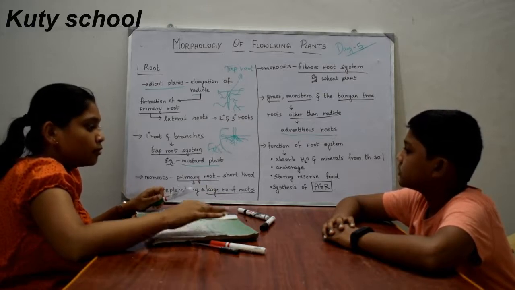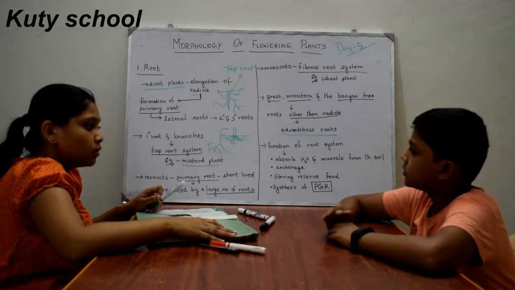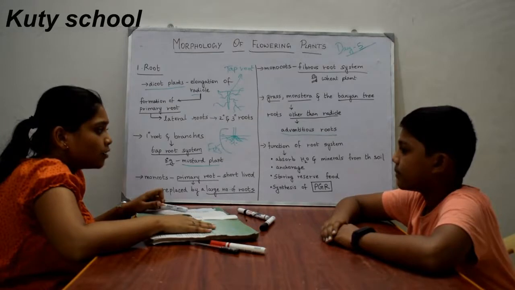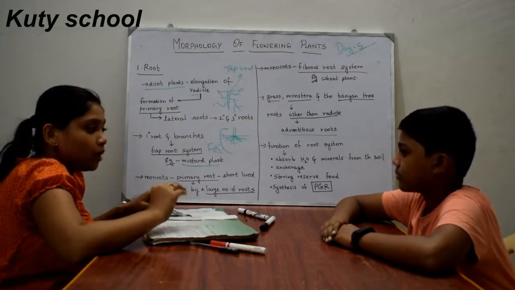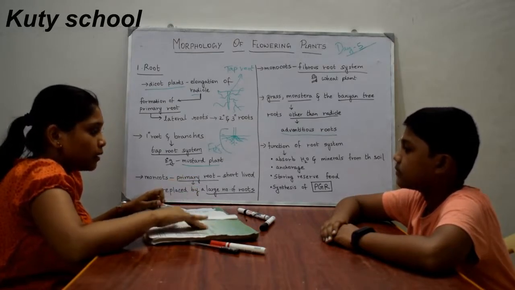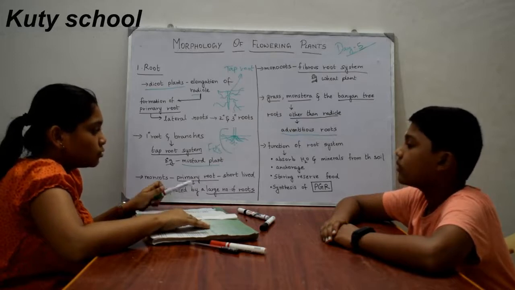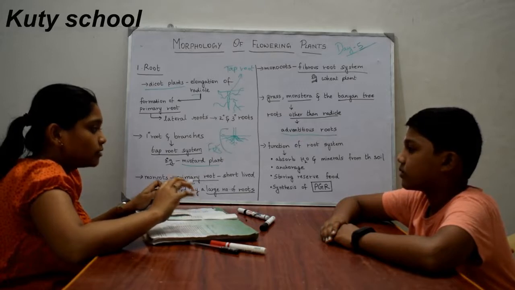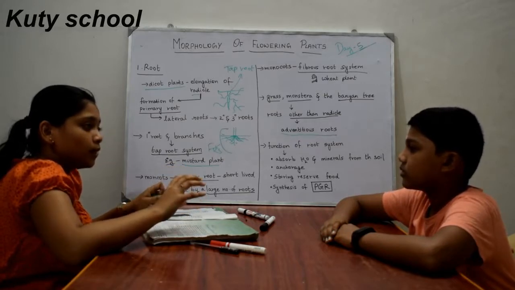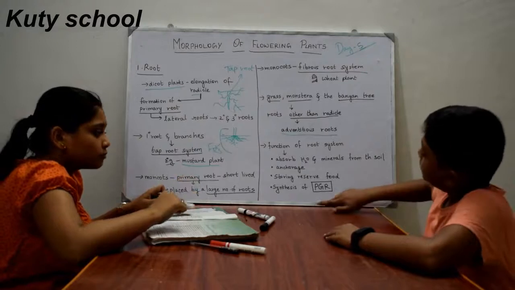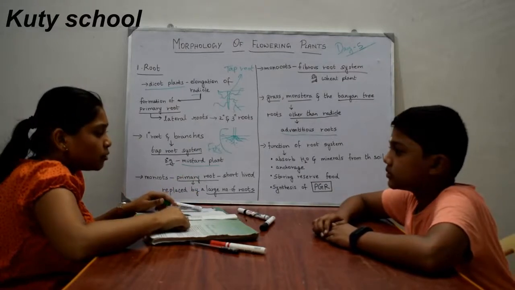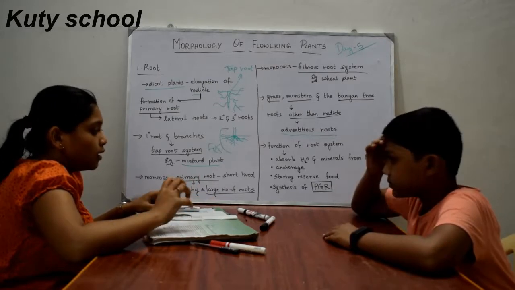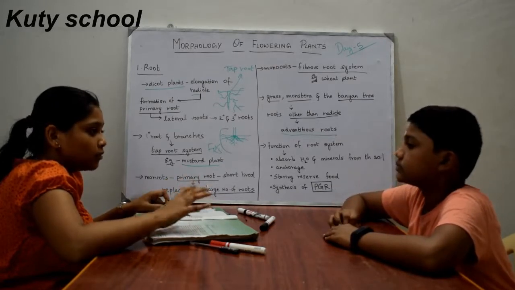PGR are plant growth regulators, which are hormones produced in the plant. There are various kinds of hormones, and each hormone contributes its own function.